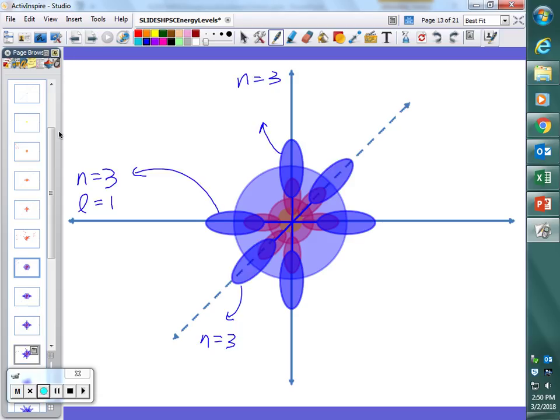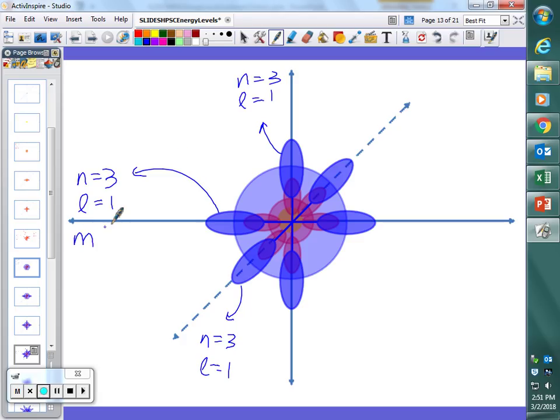How many p orbitals in this picture? 3. They're all in the third energy level, so they're all at n equals 3. What are their L values? Because what shape are they? They're all p orbitals. They're all double teardrops. Any double teardrop, no matter where it is, has an L value equal to 1. But we've run into that same problem again. We have 3 different orbitals that have the same 2 quantum numbers so far.